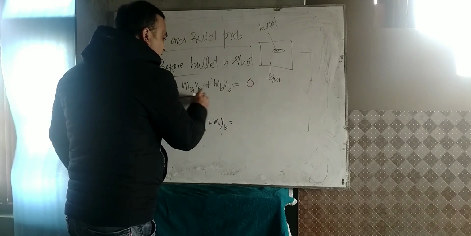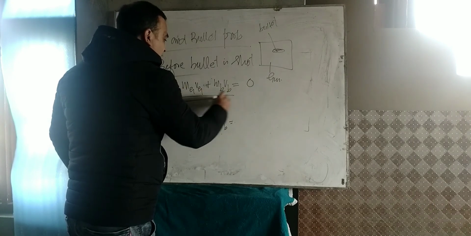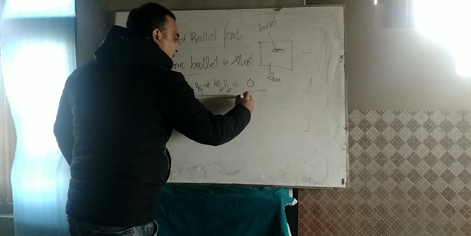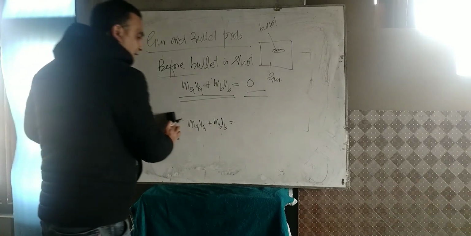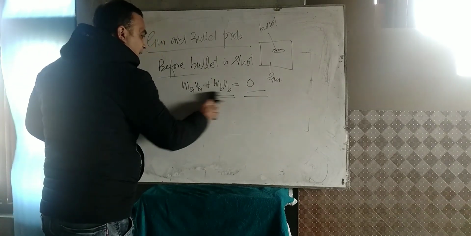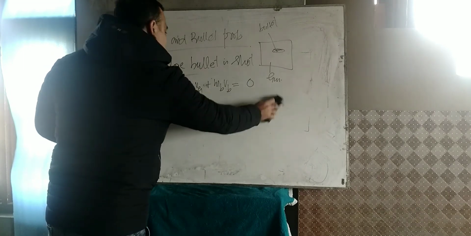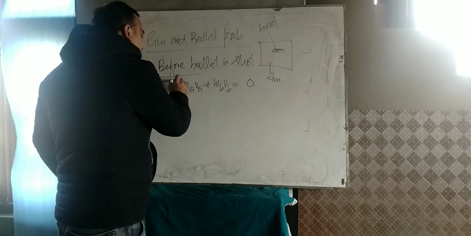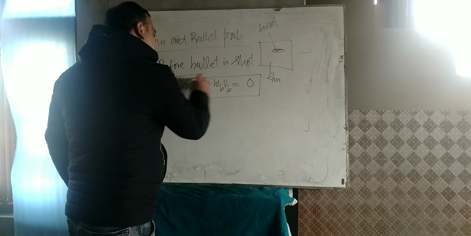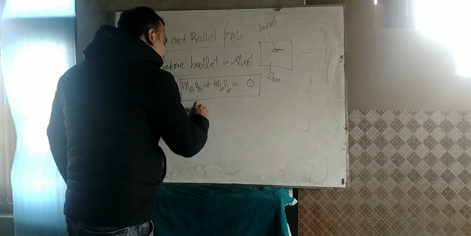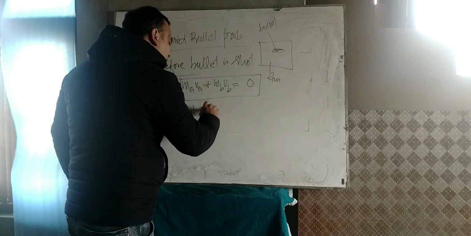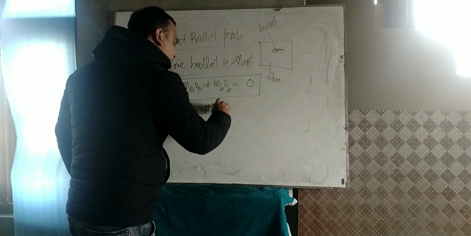This is the momentum after the bullet is shot, and this is the momentum before the bullet is shot. So this equation can give us the recoil velocity of the gun.